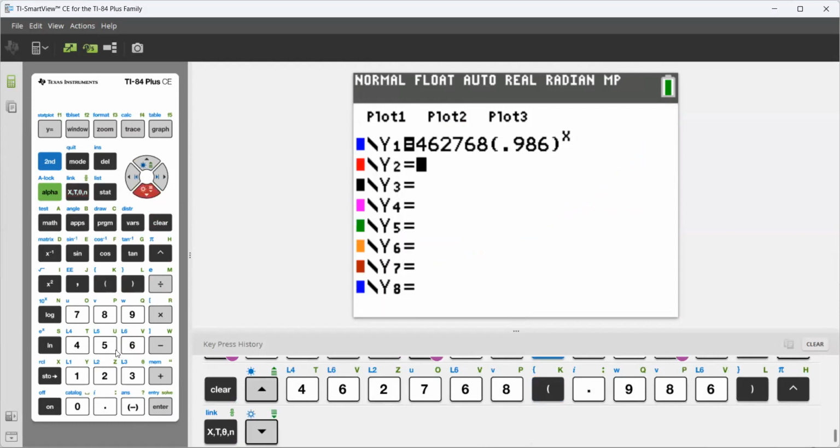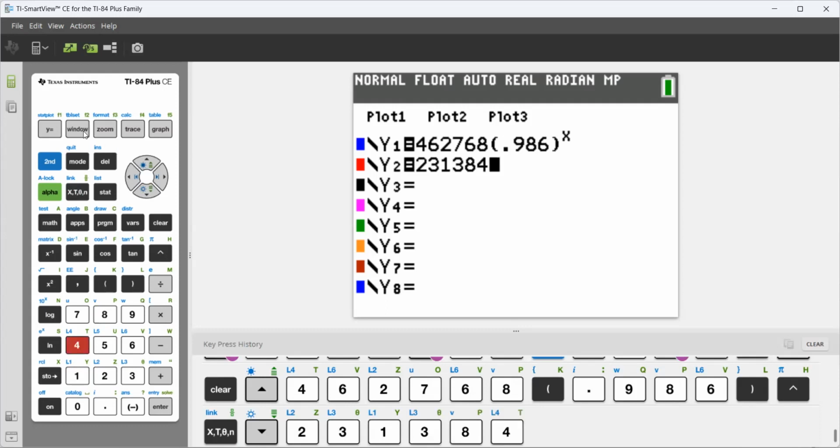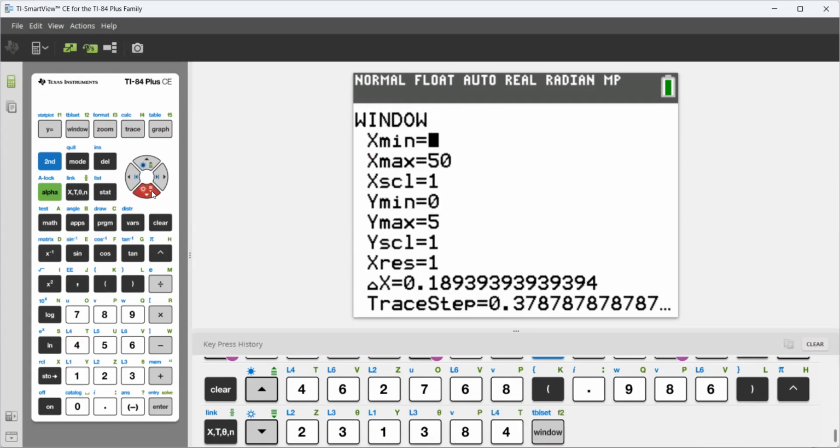And then here we have 231,384. And then our window, we have 0 to, let's do 0 to 50 or 0 to 100.